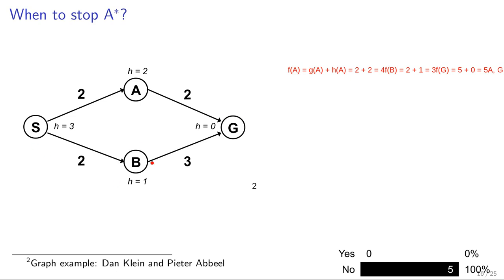For the G, the first time we had G, it was this 5. 2 plus 3 is 5 plus 0. But we didn't stop there because we had still this 4, which was lower than 5. We expanded also A, and we got to G as 2 plus 2, which is 4 plus 0. And then only then, after we expanded, we stopped. So the H is simply the number written here.